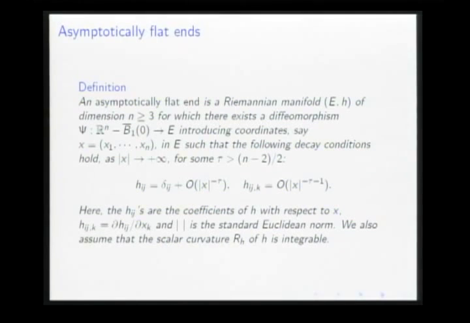Here tau is a number greater than or equal to n minus 2 over 2, and you want the metric to be almost Euclidean, Euclidean plus this decay, and you also want some condition on the derivatives. In relativity, these model isolated gravitational systems, where the mass is concentrated on a compact region.